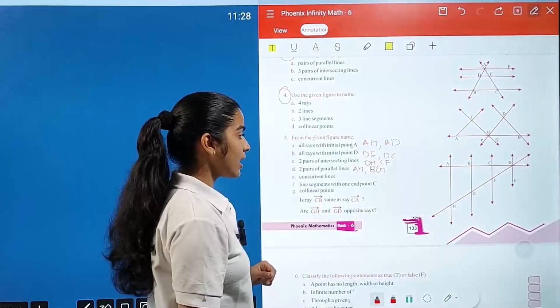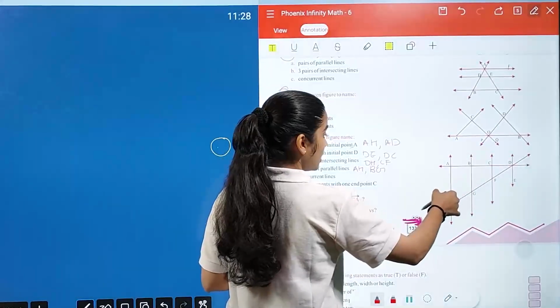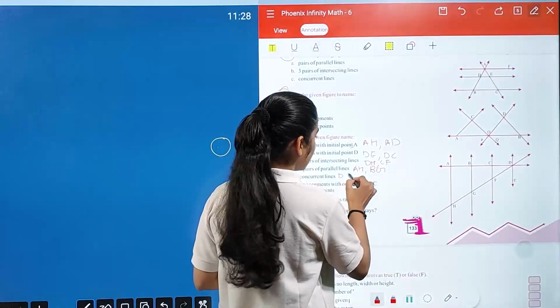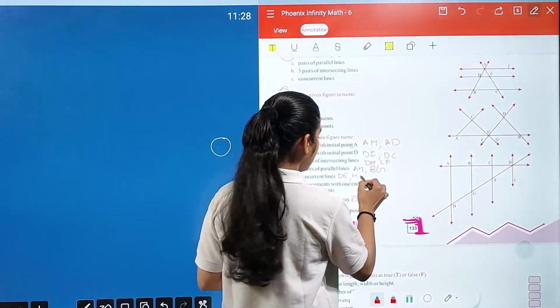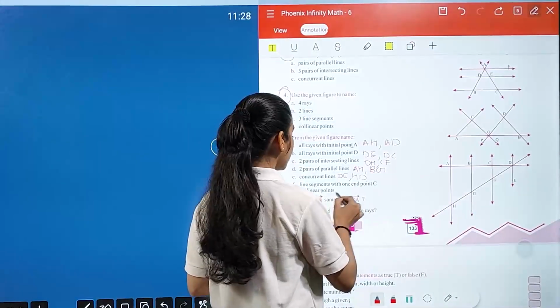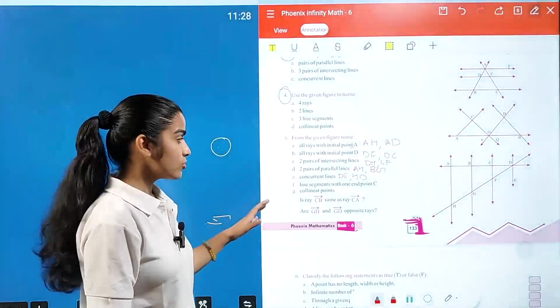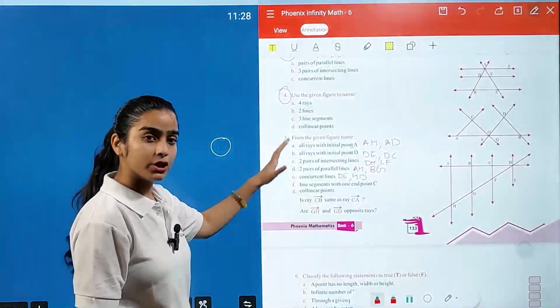Concurrent lines are lines which cross at a particular point. So DE and HD are those lines. Line segments with one end point C, collinear points. The rest of the parts you can mention here because you know all the concepts which we already did in our earlier section.